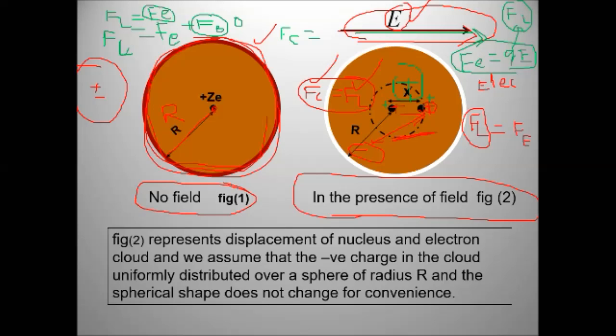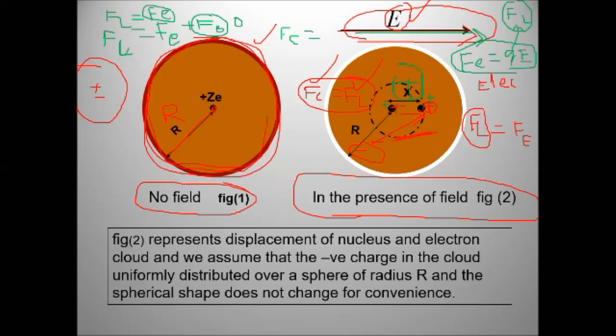In order to calculate the Coulomb force, you should have two charges and their magnitudes. What are the two charges here? One is the electron cloud, another one is the nucleus. In the electron cloud, electrons are there, that is negative charge. In a nucleus, protons are there. The number of protons equals the number of electrons, because the atom should be neutral.